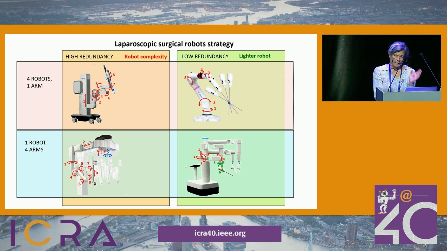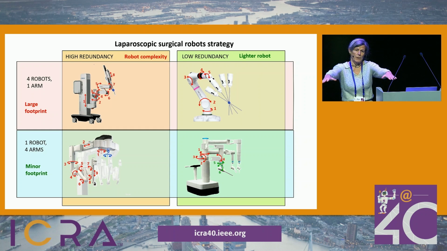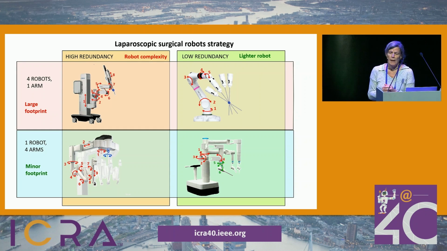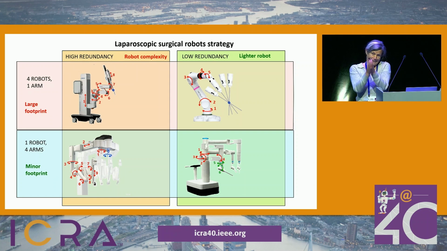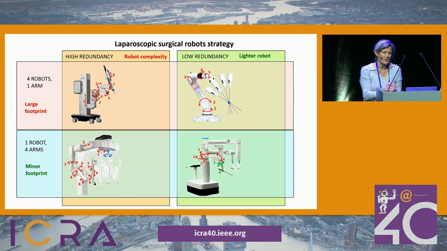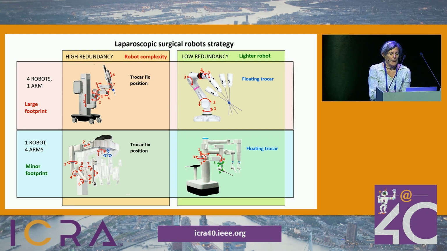If we see the first row, robots have a large footprint because they are different modules around the patient, and the others, the second row, have the arms more concentrated, so a smaller footprint on the floor.